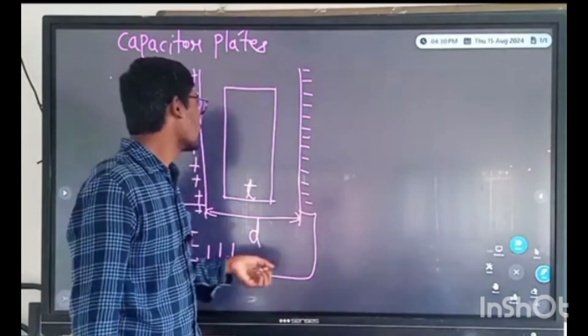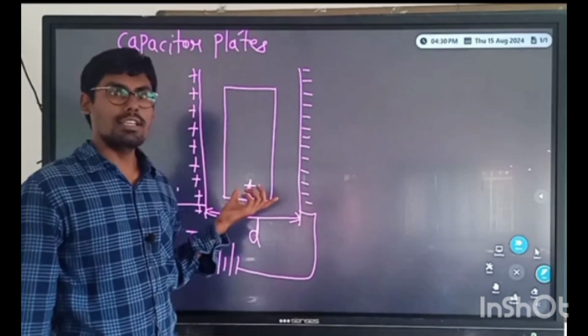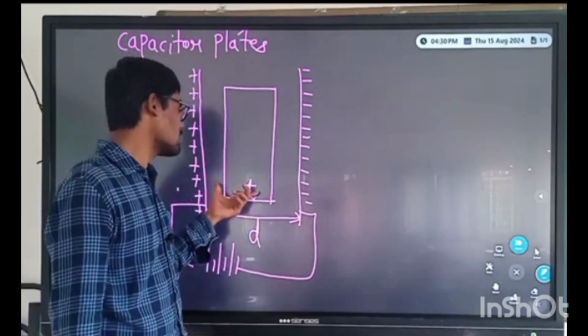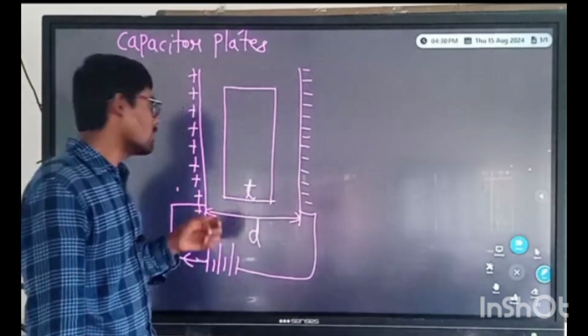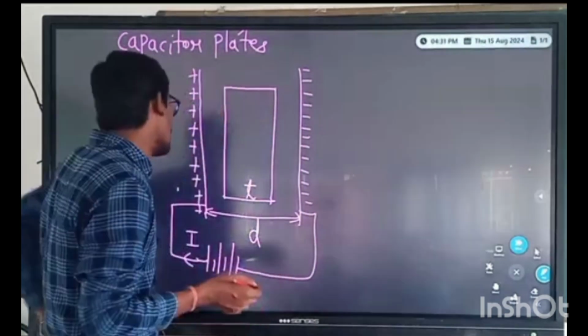Okay, now when we insert a small dielectric slab whose thickness is a small t, then due to polarization of the dielectric, what will happen?